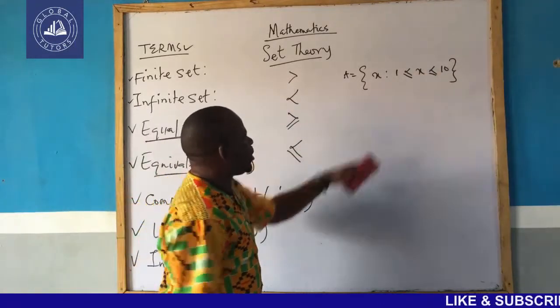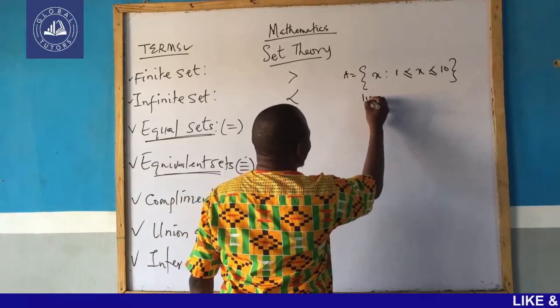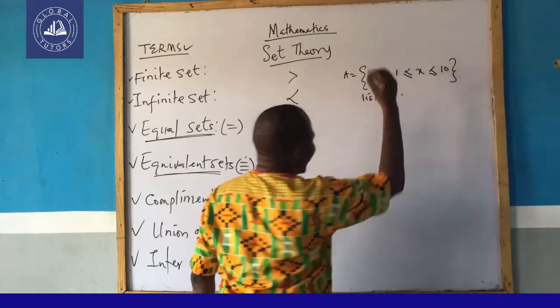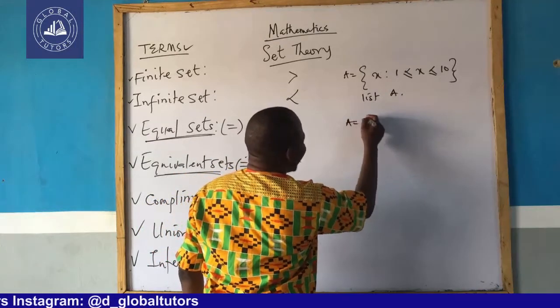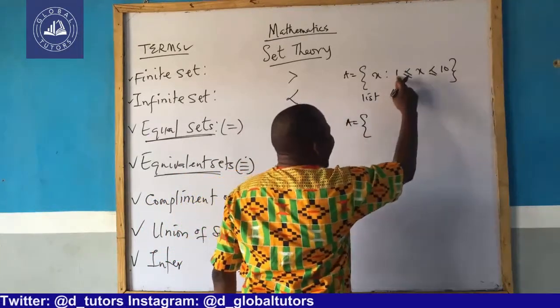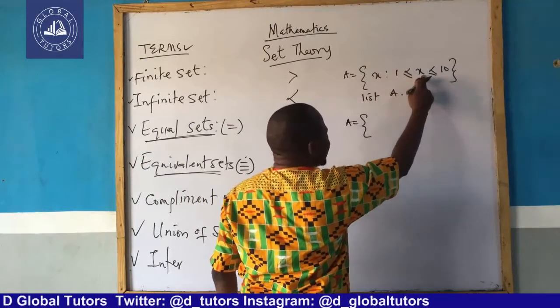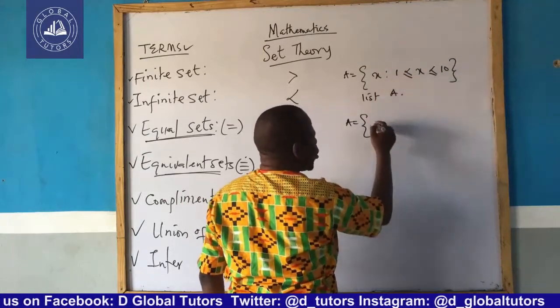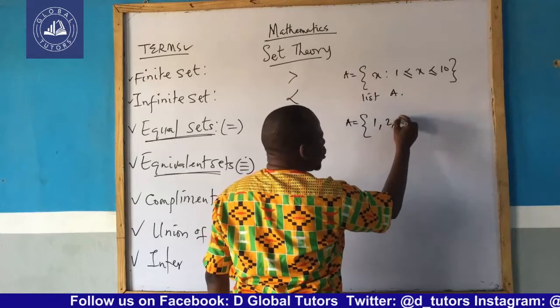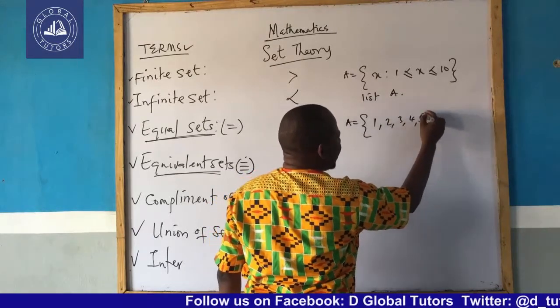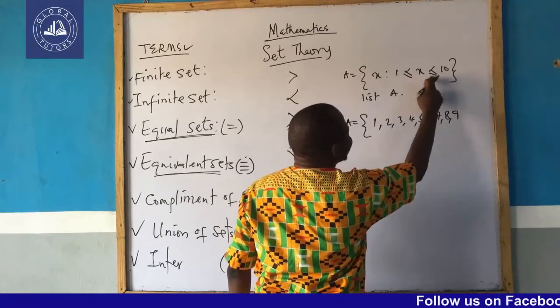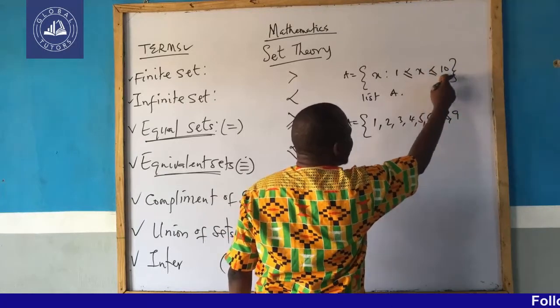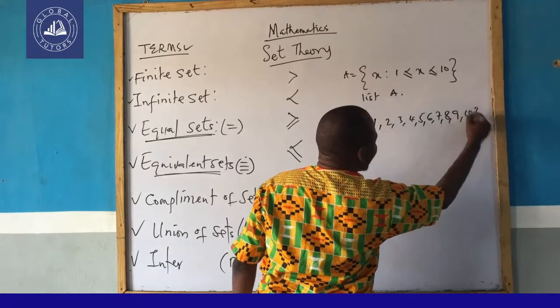What this question implies is they will not ask you to list the elements of A. It implies that A equals 1 is less than or equal to X, meaning 1 is equal to X. So you have 1, 2, 3, 4, 5, 6, 7, 8, 9. Now because they said X is less than or equal to 10, 10 is also qualified.